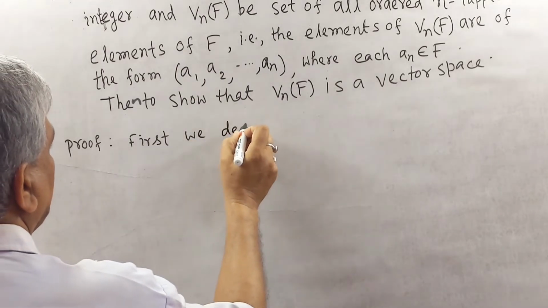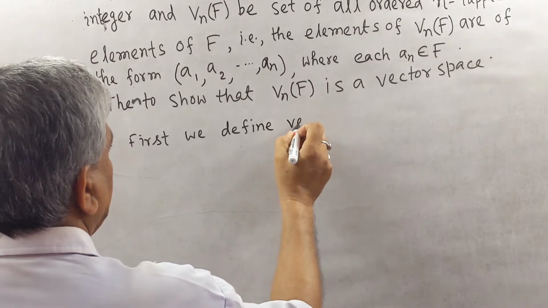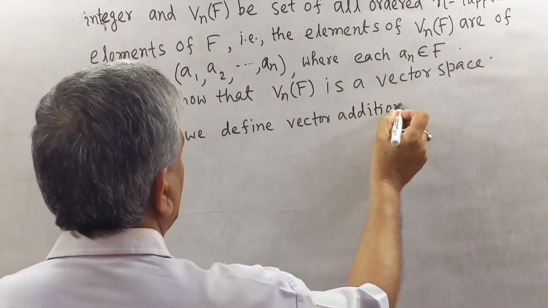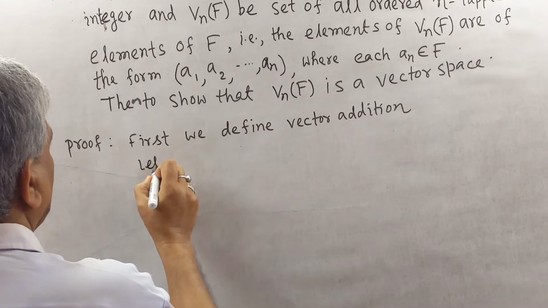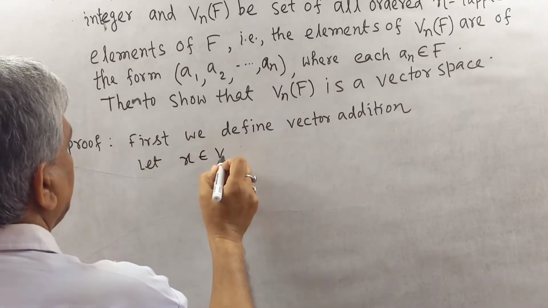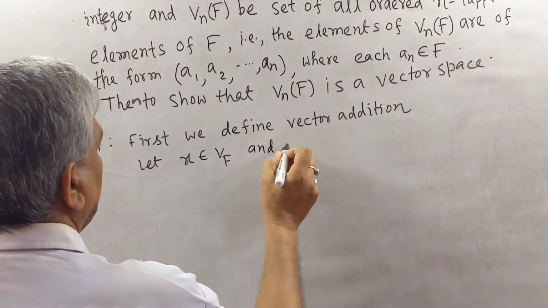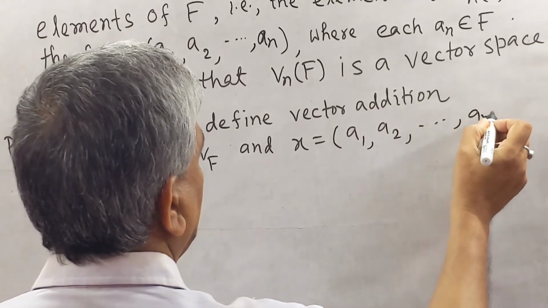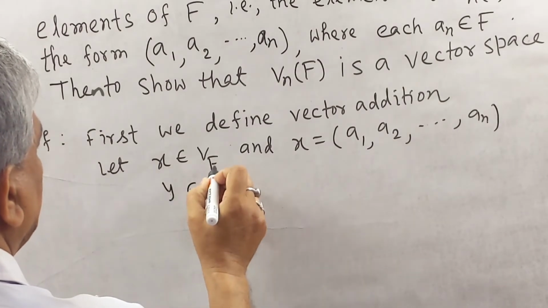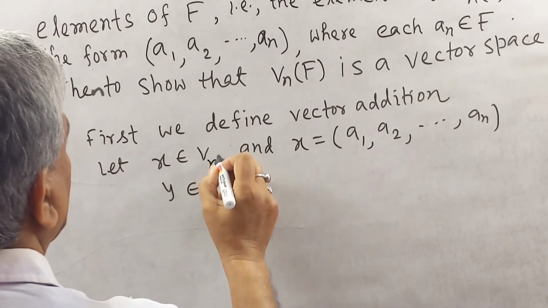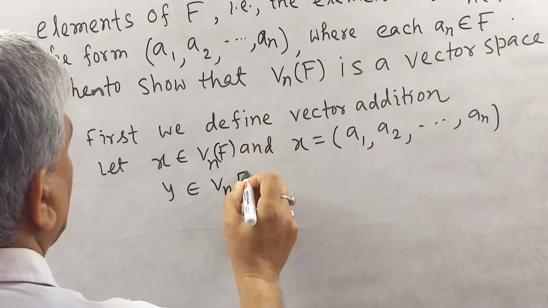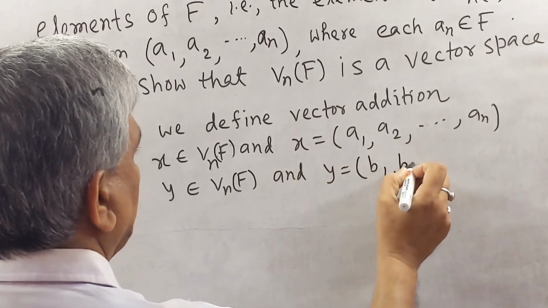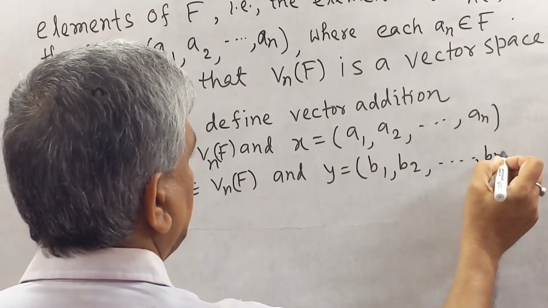First we define vector addition. Let x belongs to V_n(F) and x equal to (a1, a2, ..., an), y belongs to V_n(F) and y equal to (b1, b2, ..., bn).